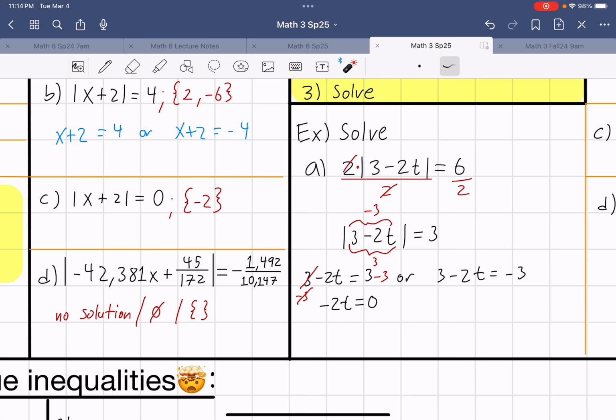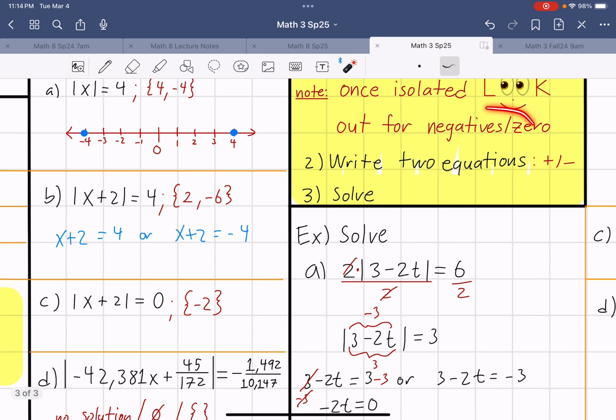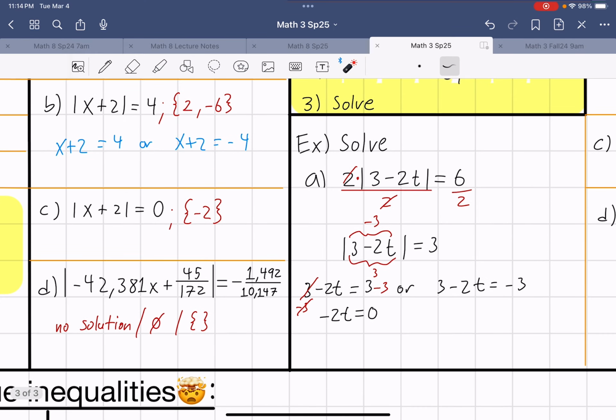Yes, I did. But that was when the absolute values were still present and then isolated. Since they're isolated and there's no negatives, I look here and I had to recognize this is not either negative or 0, which I said to look out for when doing these examples.